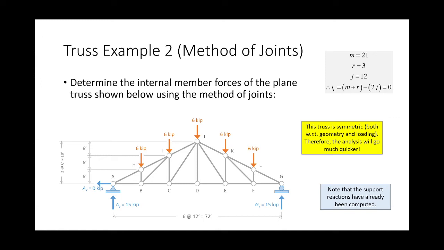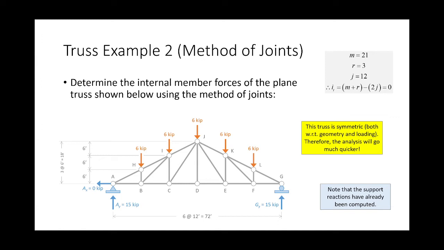Look at this gray box up here. I counted it for you, don't worry. There's 21 members in this truss, right? So, 1, 2, 3, 4, 5, 6, 7, 8, 9, 10. So 20, and then the vertical member. So 21 members, 3 reactions, and there are 12 joints.